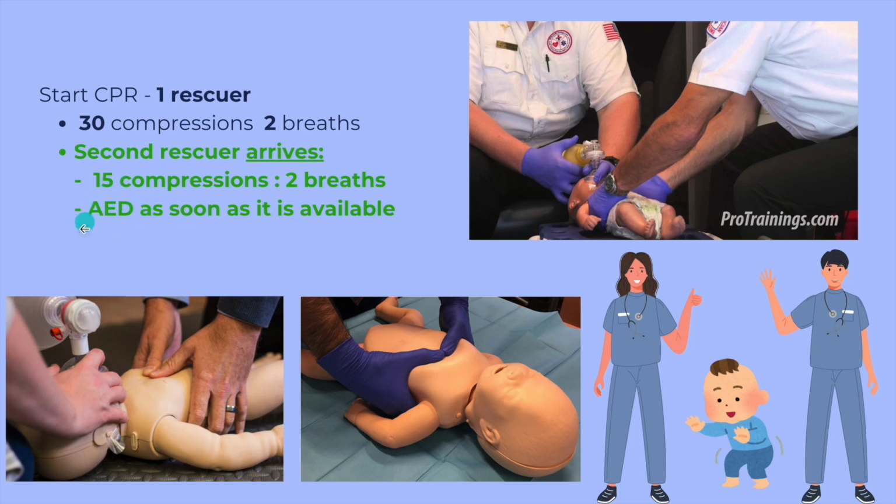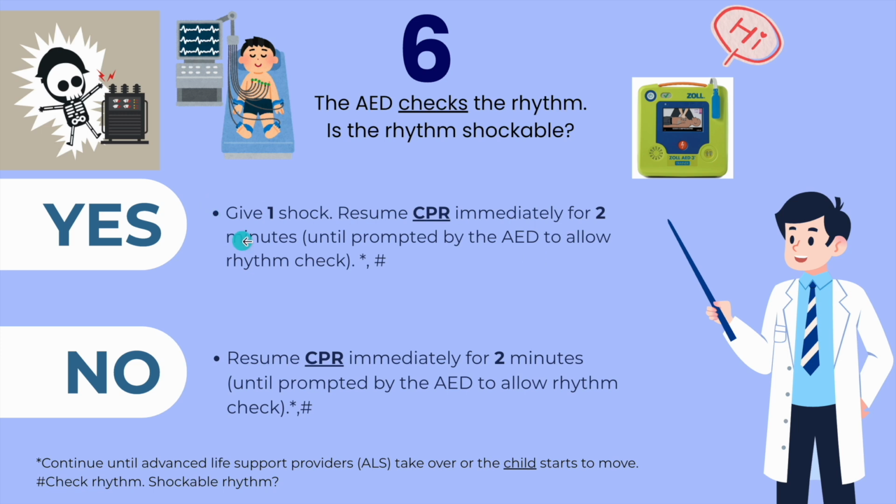And as you can see in the image, they are using the 2-thumb encircling technique for chest compressions. If the AED detects a shockable rhythm, give a shock and then resume CPR. Continue CPR until advanced life support providers take over or the infant or baby begins to breathe, move, or otherwise react. And if we have a non-shockable rhythm, again resume high-quality CPR and wait until advanced providers take over or the victim begins to breathe, move, or otherwise react.